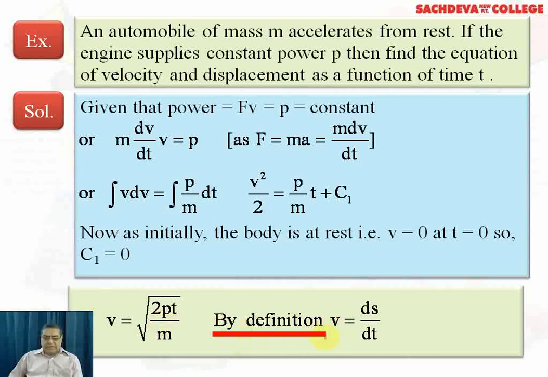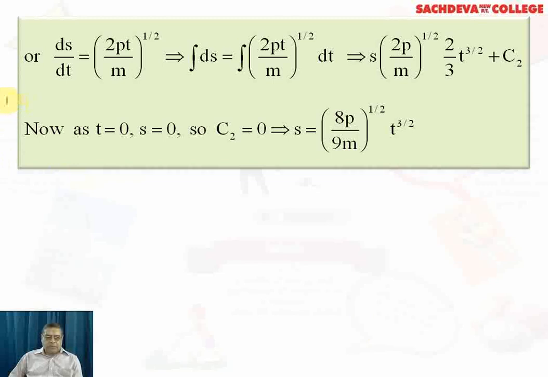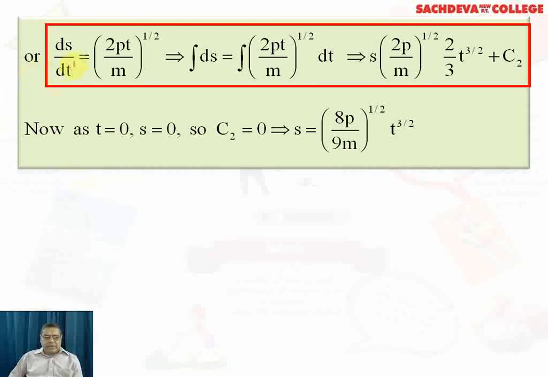By definition, v is given as ds over dt. So for v, we now write ds over dt, and that is the square root of 2Pt over m. Now dt is taken to the other side in the numerator, and the function can be written as ds is equal to (2Pt over m) to the power 1 by 2, into dt. And then we integrate the function. So we integrate ds and integrate (2Pt over m) to the power 1 by 2.